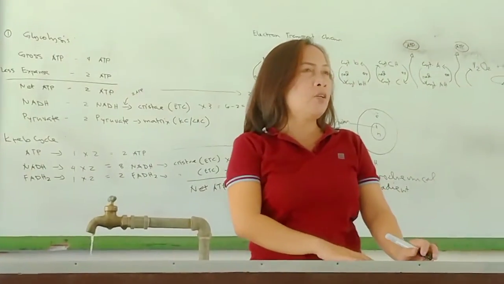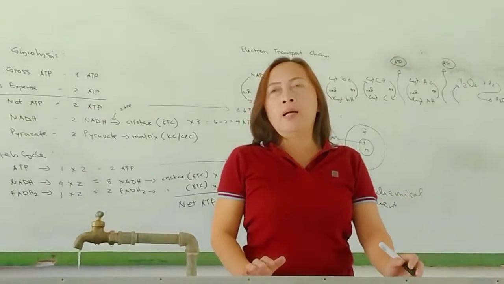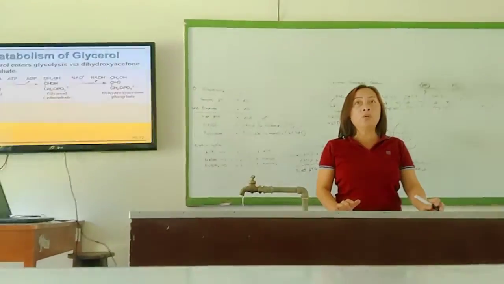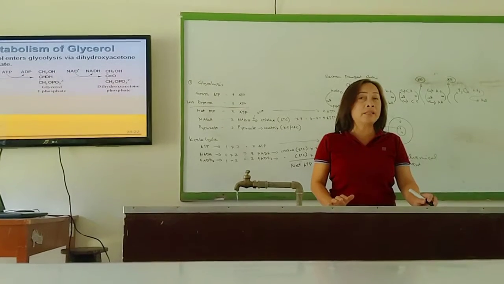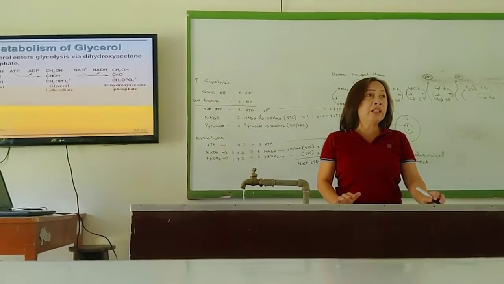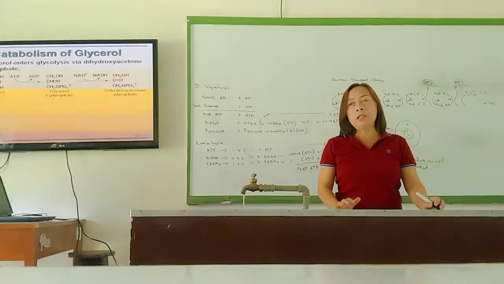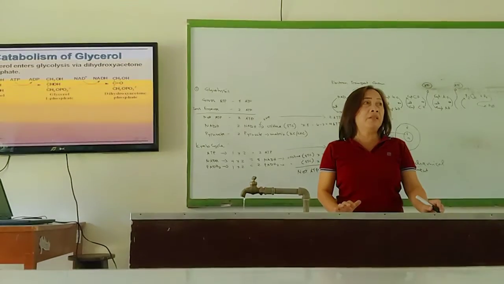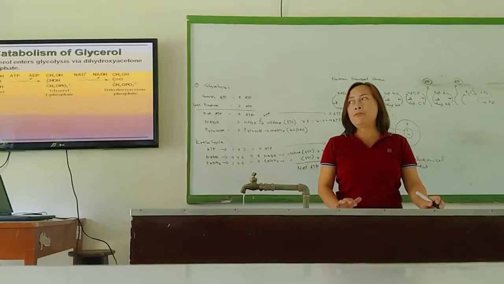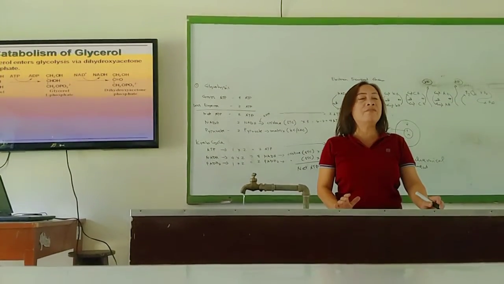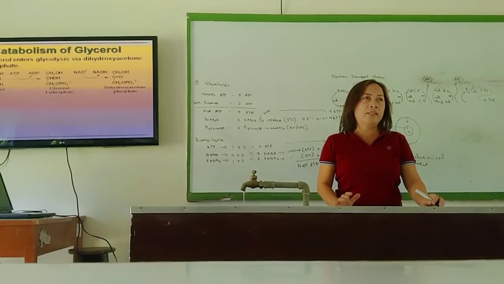Okay, what is glycerol? Remember, when lipids are broken down, they give you fatty acids and glycerol, which are the building blocks of lipids. Of course, not all lipids contain both fatty acids and glycerol. But for neutral fats or the triglycerides, they are made up of fatty acids and glycerol.